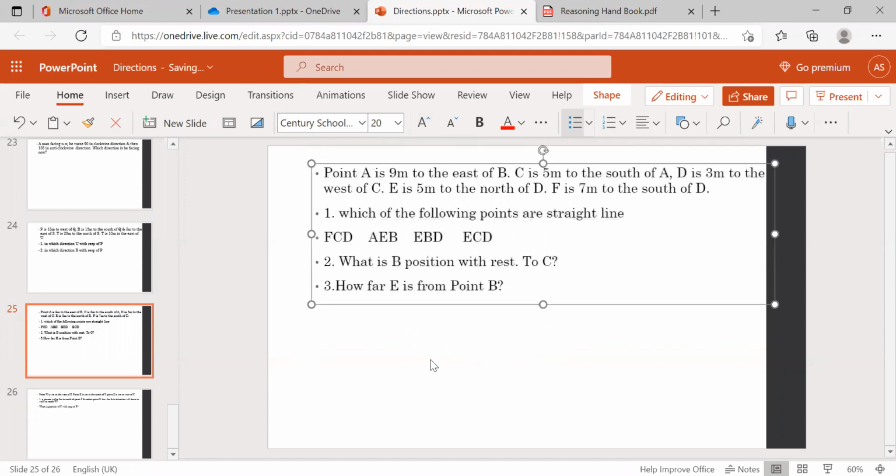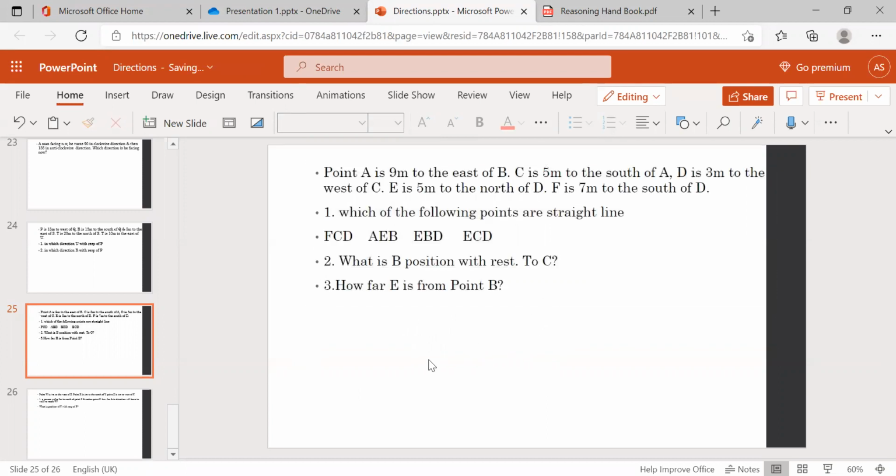Now check this. Point A is 9 meters to the east of B. C is 5 meters to south of A. And D is 3 meters to the west of C. E is 5 meters to the north of D. F is 7 meters to the south of D. Just draw the figure based on that.